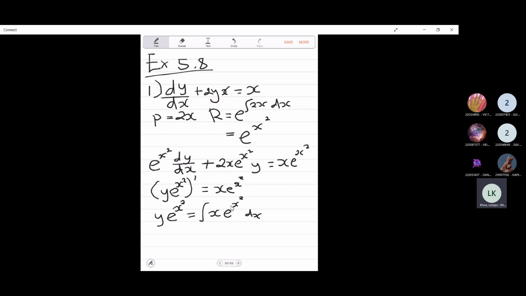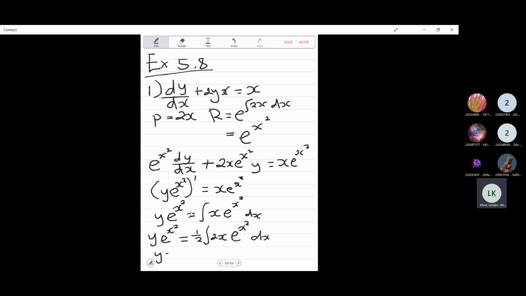Then we can rewrite this as e to the power of u. So we can put a 2 here and a half outside. So we have y e to the power of x squared is a half times the integral of 2x e to the power of x squared dx.